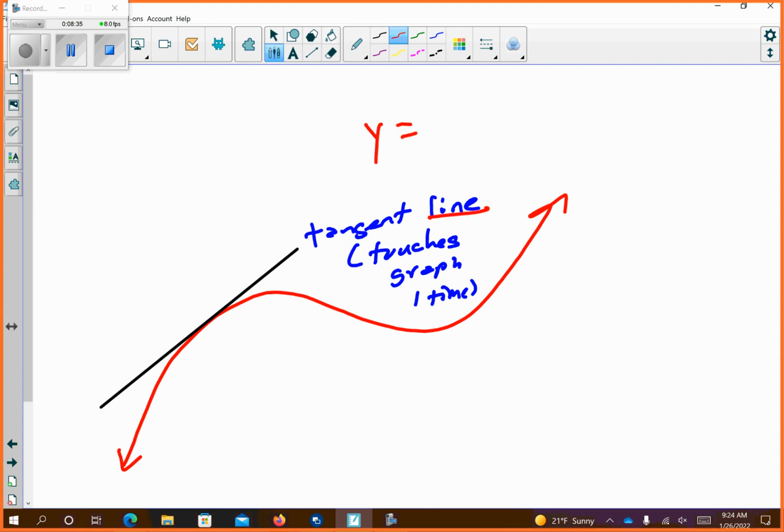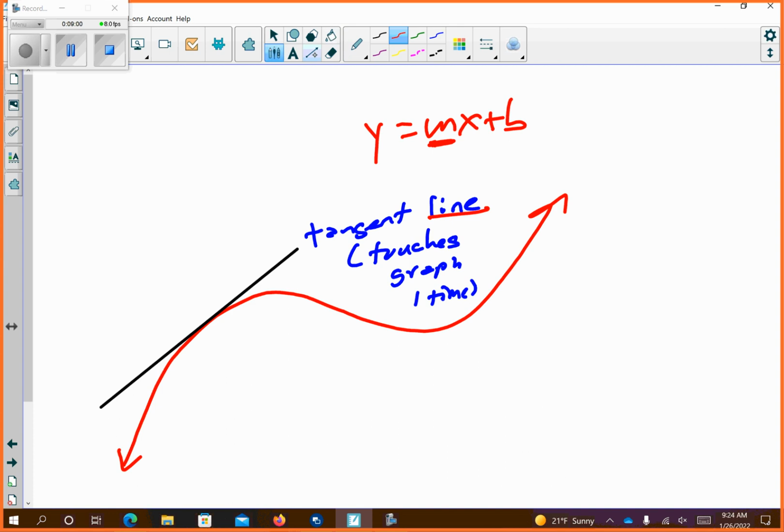A line is y equals mx plus b. That's just our standard form. Yes, there are other forms of lines, but this means I can find the slope. So if I know a value, I can plug it in and find the slope at exactly any location along that line. This tangent line changes as we go right or left on the graph.